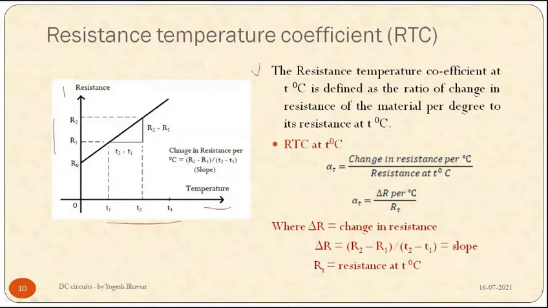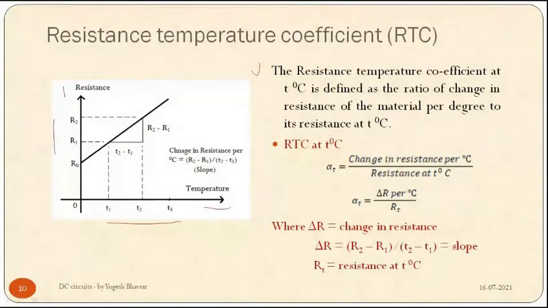Now RTC at any temperature T degree Celsius is defined as the ratio of change in the resistance of the material per degree to the resistance at T degree Celsius. This is the standard definition for RTC.